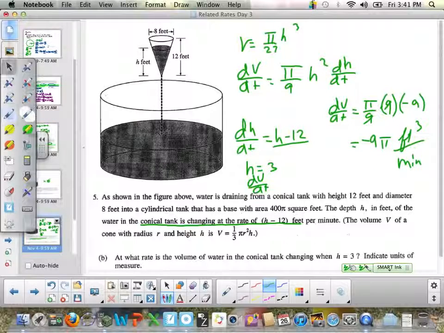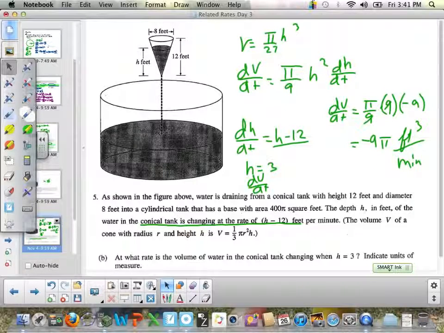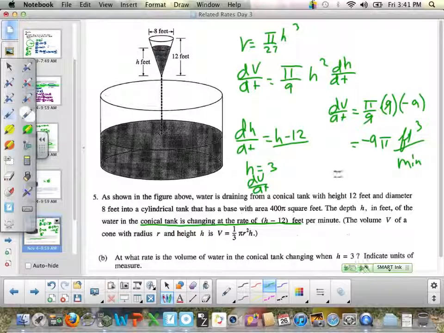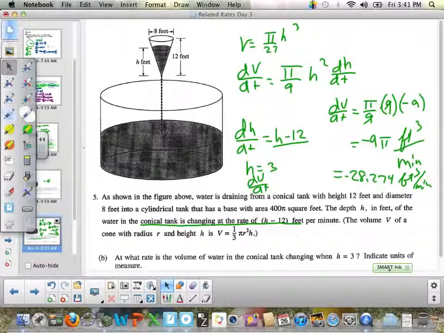Or, if you like estimated answers instead of exact answers, negative 9 pi is negative 28.274. And then again, make sure you get your units, cubic feet per minute.